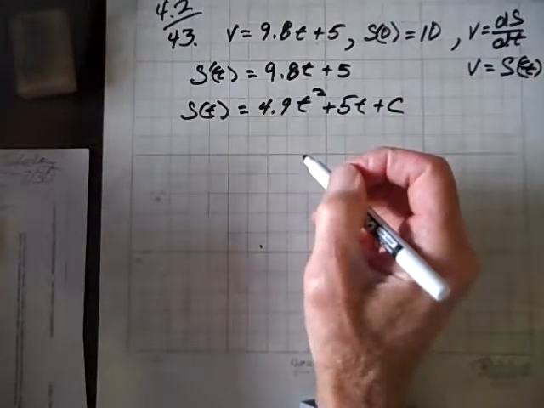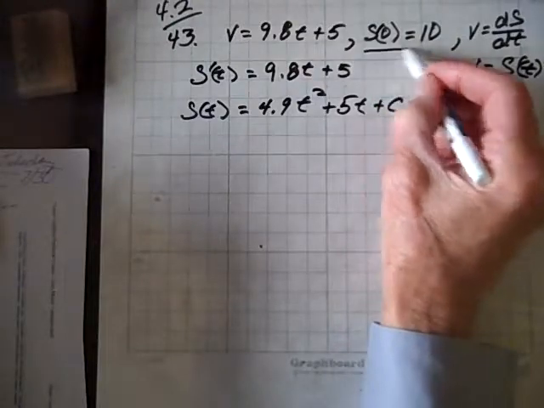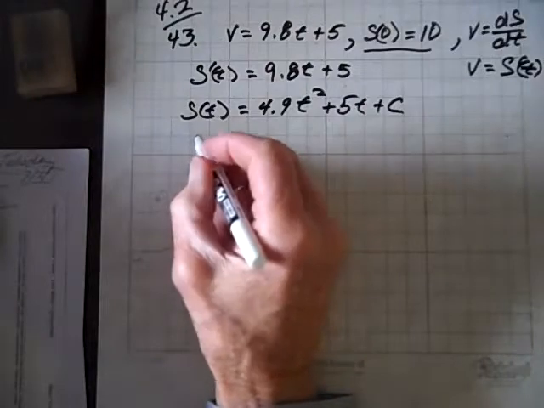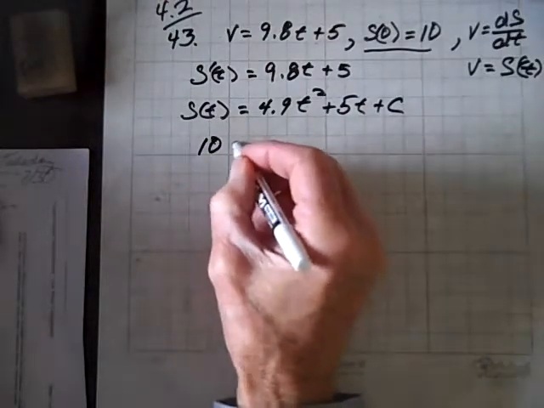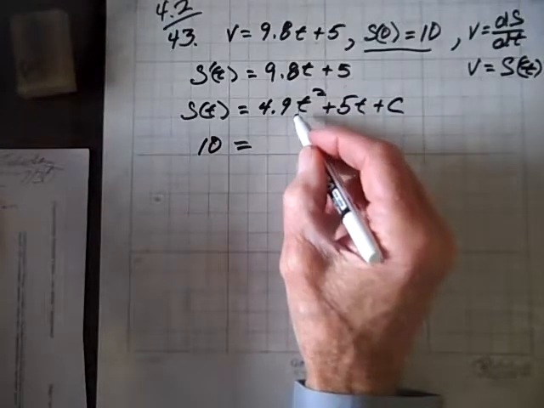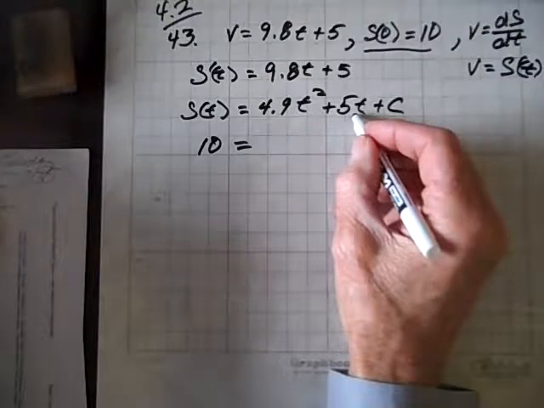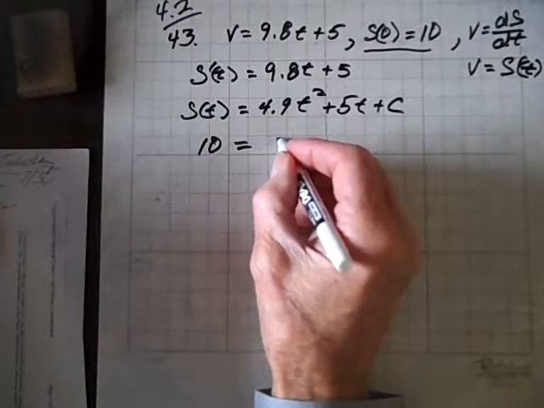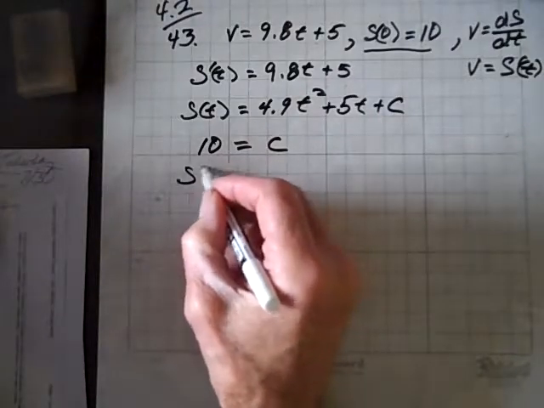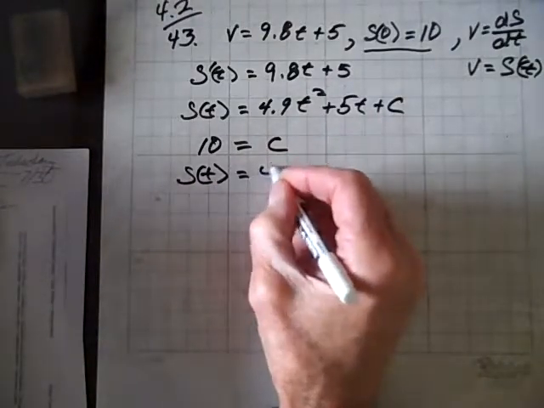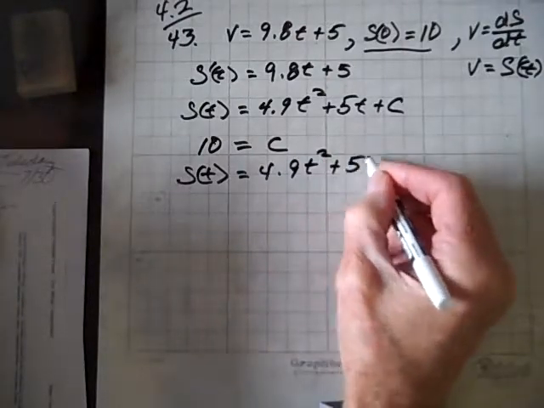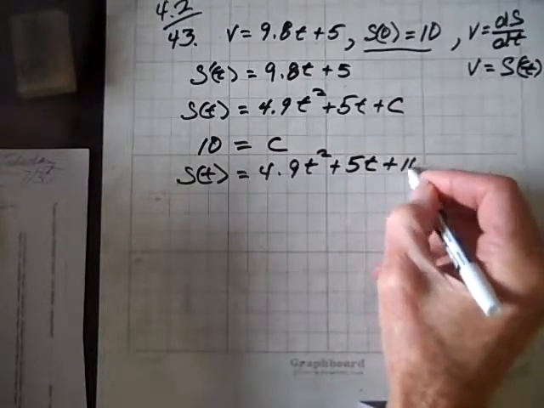So now we're given this piece of information, s of 0 equals 10. Well, s of 0 equals 10, I'll put a 10 here and I'll replace every t with 0. Replacing t with 0 here, that goes to 0. Replacing t with 0 there, that goes to 0. And the only thing that's left is c. So now we know s of t equals 4.9t squared plus 5t plus 10.